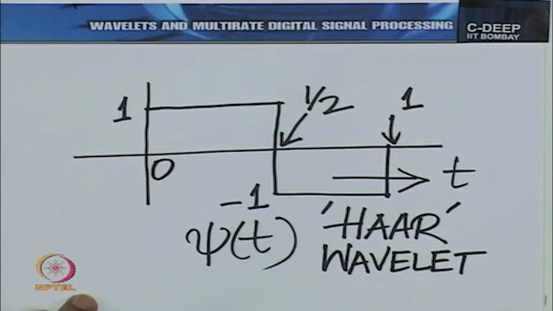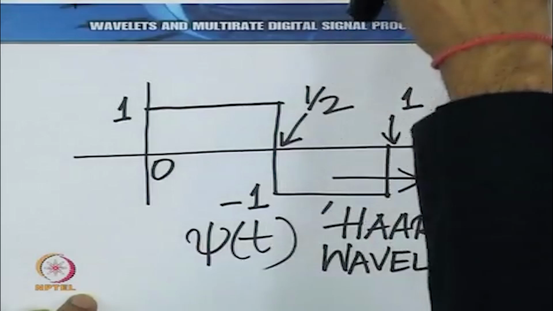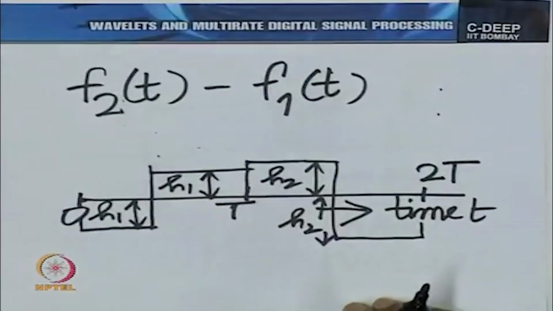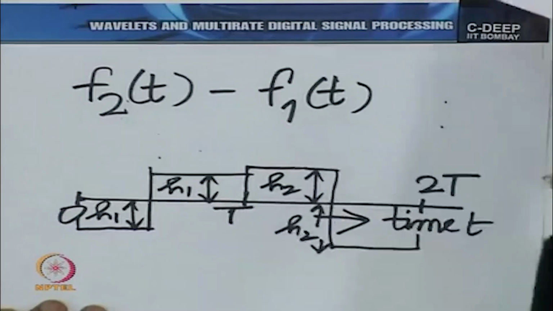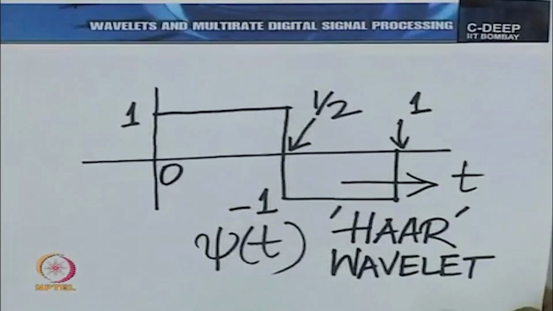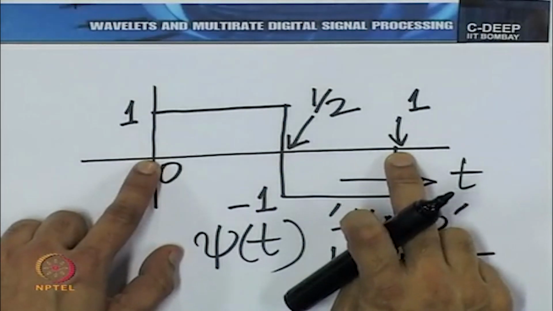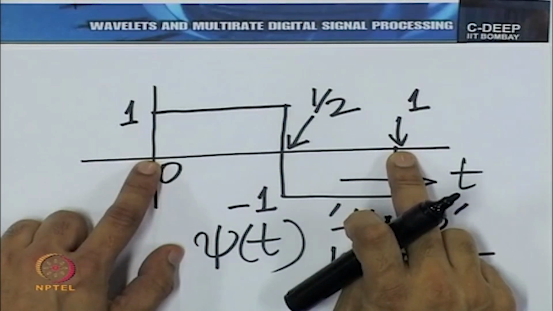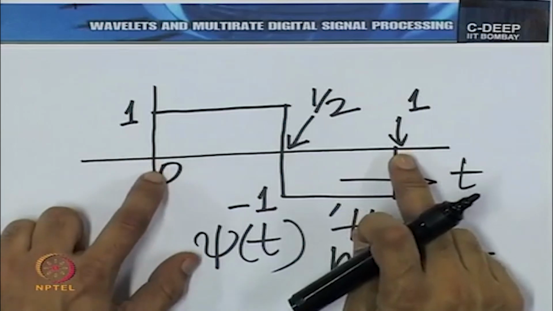It is very easy to see that using this function, I can construct any such f2(t) minus f1(t). Indeed, if I were to take this function, stretch it or compress, whatever might be the case, depending on the value of capital T, dilate is the more general word.